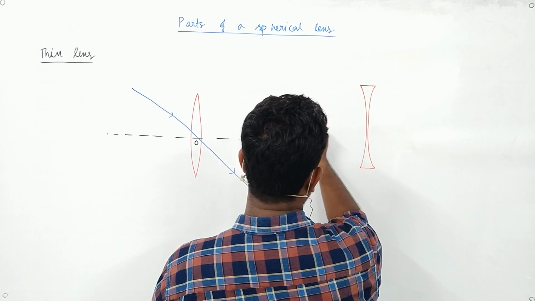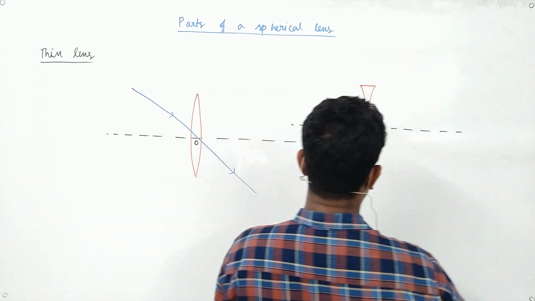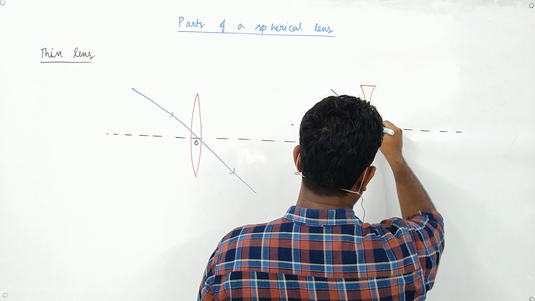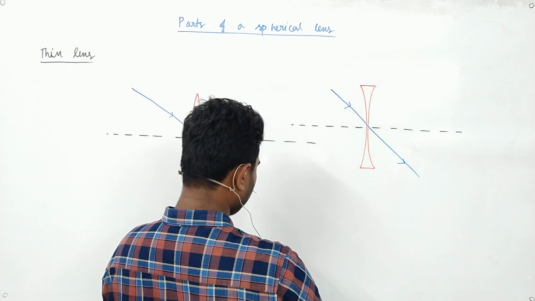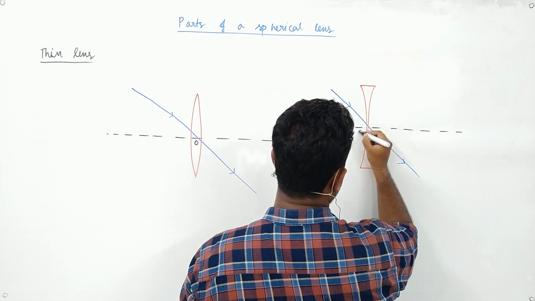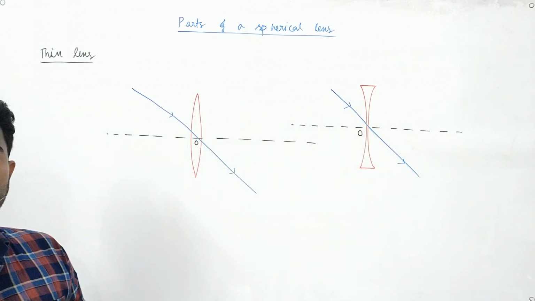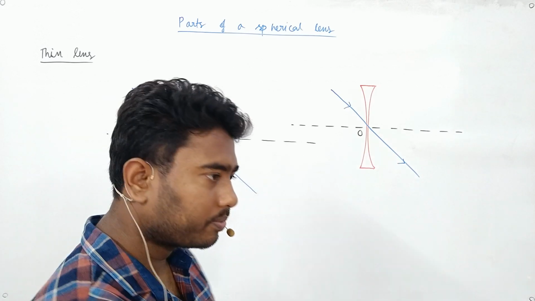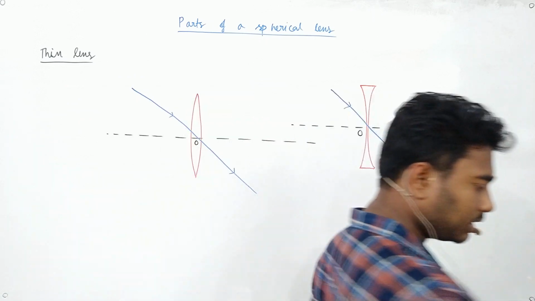In that case also, the optical center will be a point through which if a light ray falls, that light ray will pass undeviated. Is the concept clear to all of you? Yes, sir.